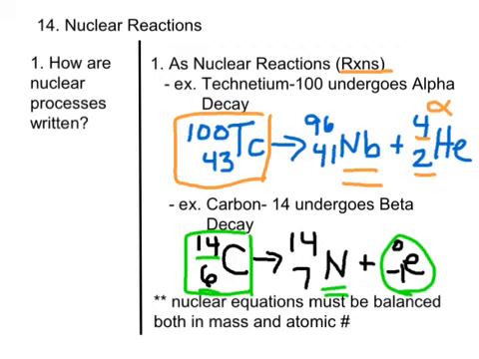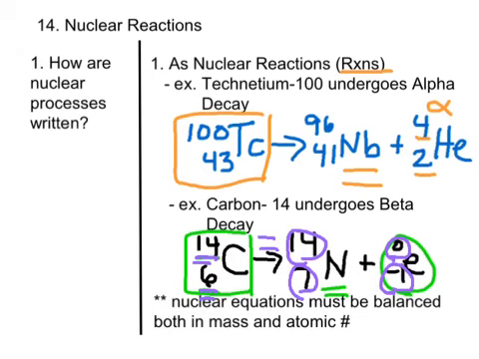So if we look at the carbon one again, we're going to see that if we treat the arrow as an equal sign, the top numbers have to equal each other and the bottom numbers have to equal each other. So 14 plus 0 equals 14, right? And 7 plus a -1 equals 6.